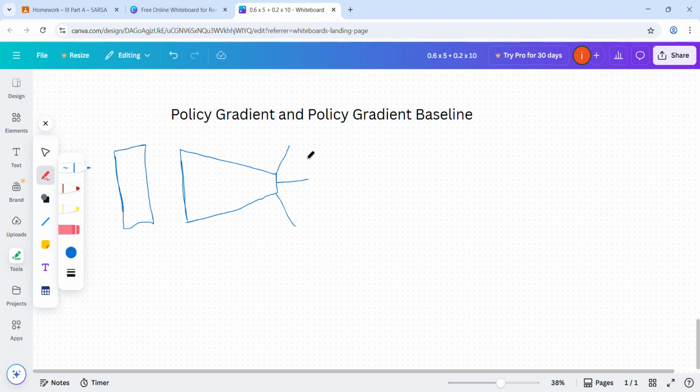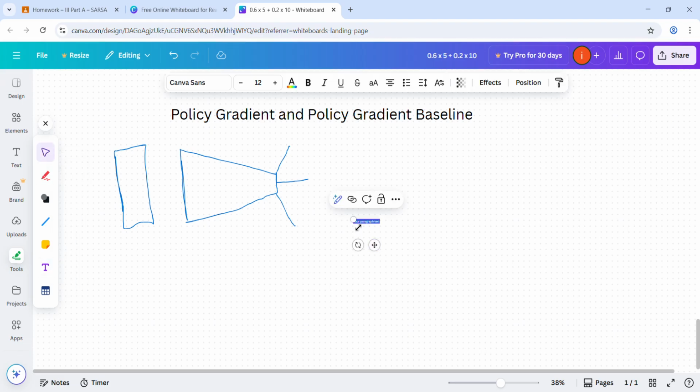For example, for the left action we get 0.6 probability. For action 2, going straight, we get 0.3 probability, and for the right action we get 0.1 probability. So let's suppose these are the probabilities.